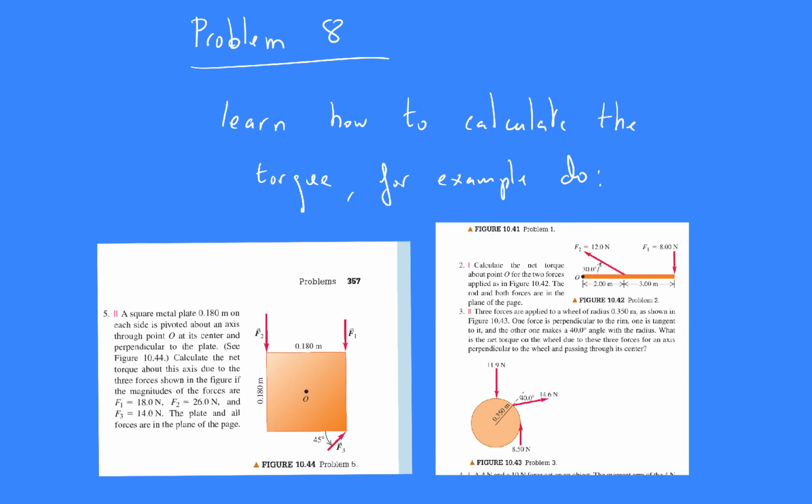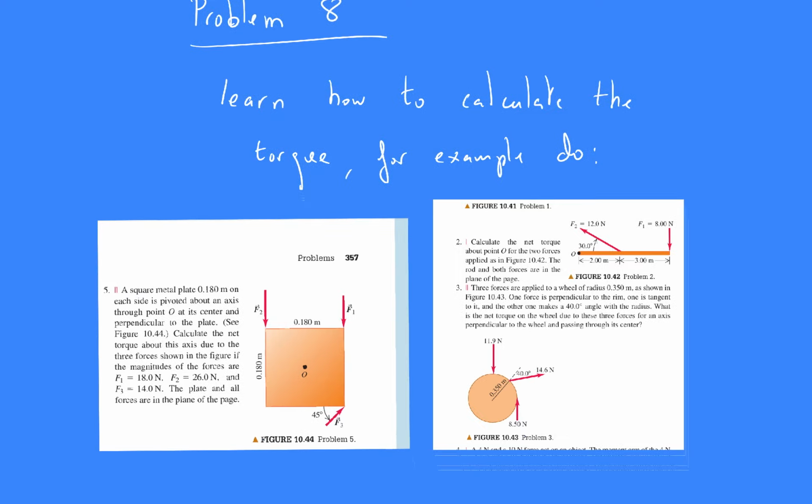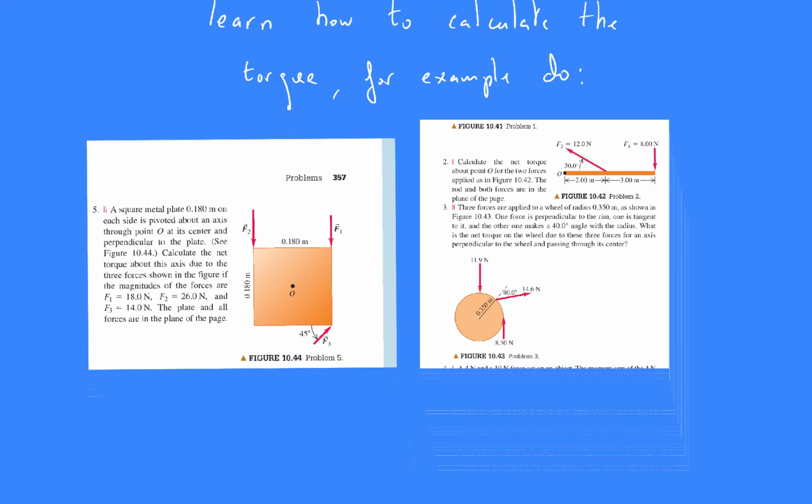Problem 8 asks you how to calculate the torque, to realize that the magnitude of the torque is the force times the perpendicular distance, or the perpendicular force times the distance. The two ways are similar.